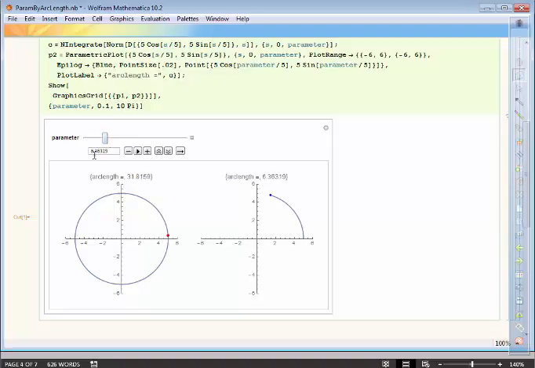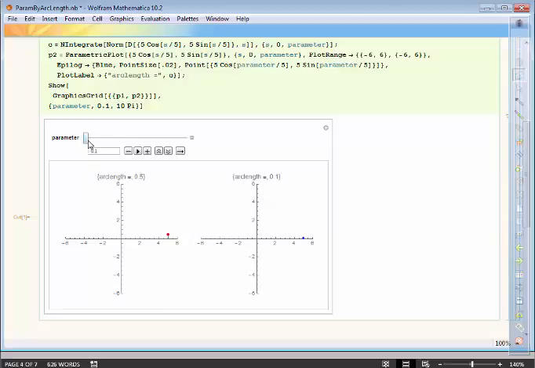The right-hand side is being parameterized by arc length. The left-hand side is being parameterized by just the regular parameter t. So you can imagine this left-hand side is that cosine t, sine t. And the right-hand side is adjusted so that it's parameterized by arc length.